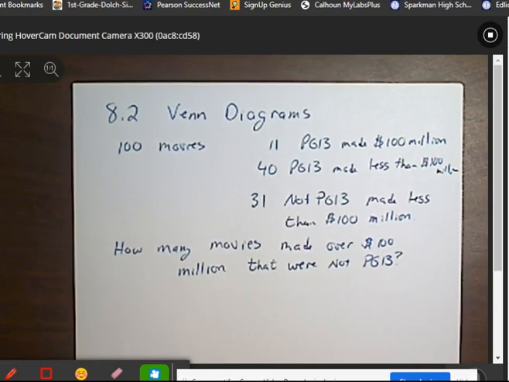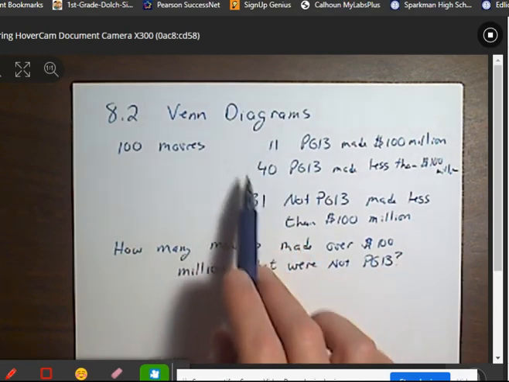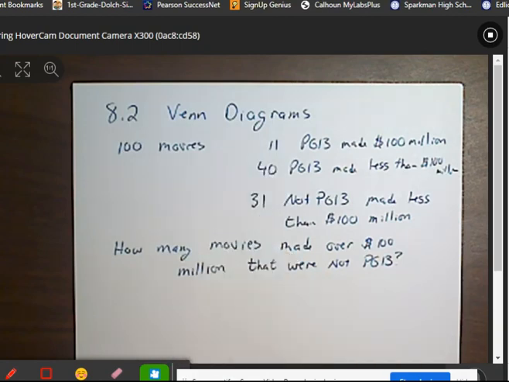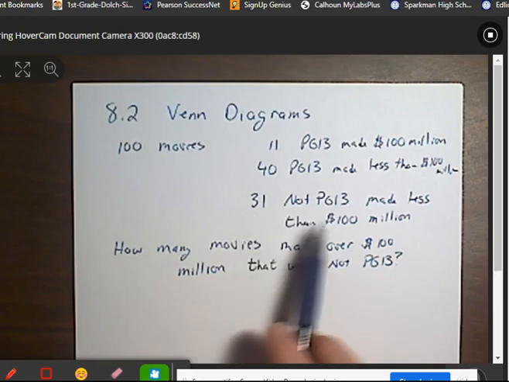And when I read the question, I thought, well, it's basically saying movies that are either PG-13 or not PG-13. So we had 51 back here that were PG-13. We had 31 that were not, that made less than 100 million.